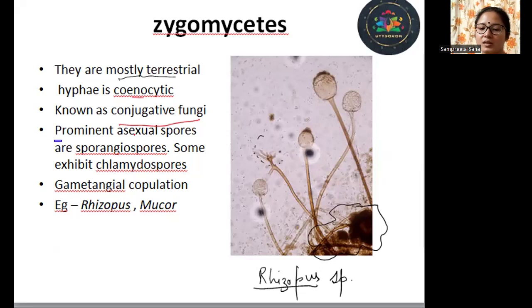Next, prominent asexual spores called sporangiospores are present in this group, Zygomycetes. Some forms exhibit chlamydospores also. Now, what is gametangial copulation?